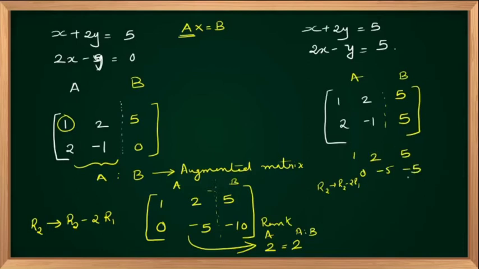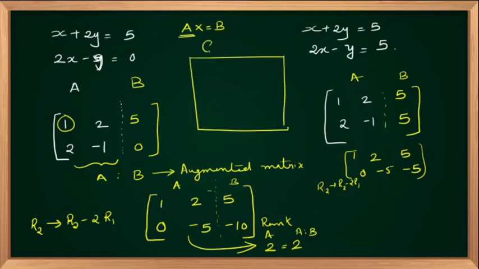Still you cannot reduce any further, which means there also the rank is going to be the same. Now this is the condition required for any system of linear equations to be consistent. So that part should be clearly understood: the requirement of consistency.